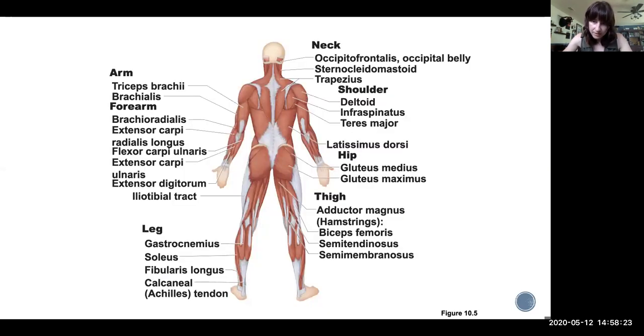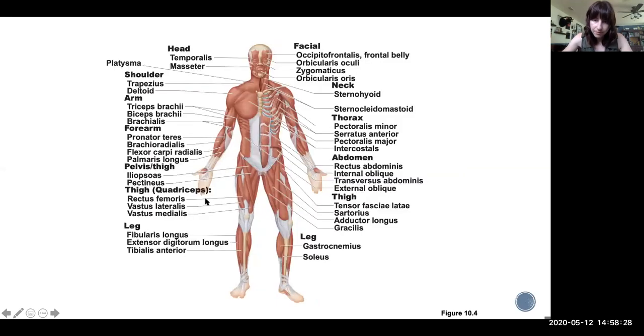The gracilis, out of curiosity here, would be medially rotating. Okay, so I guess it's basically pulling your knee towards your hip. So when it's contracting, you would be pulling your knee out towards your hip like that, contracting like this.